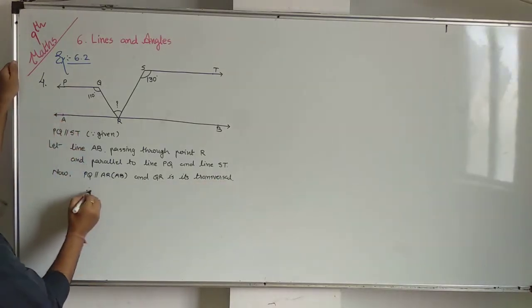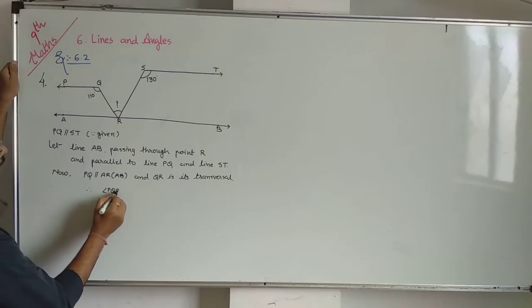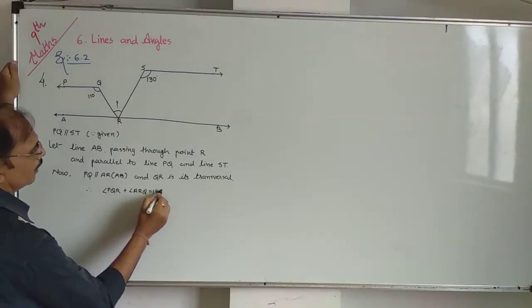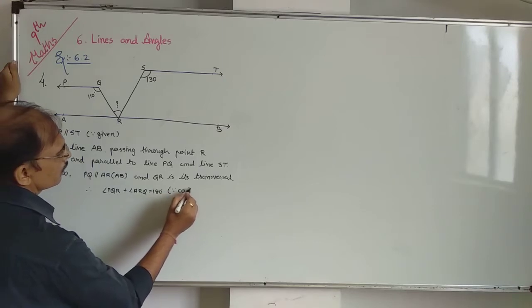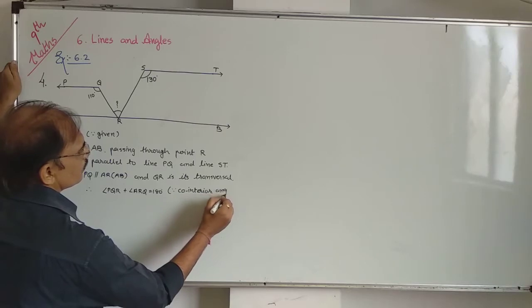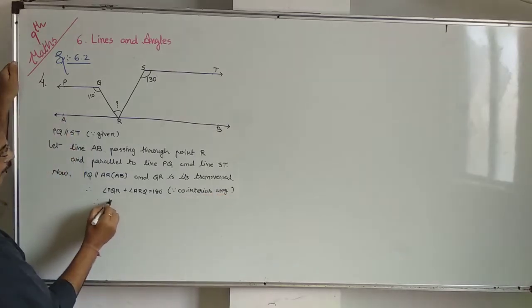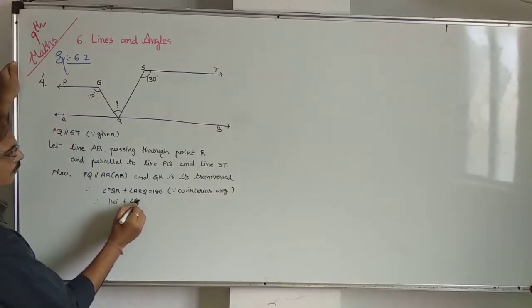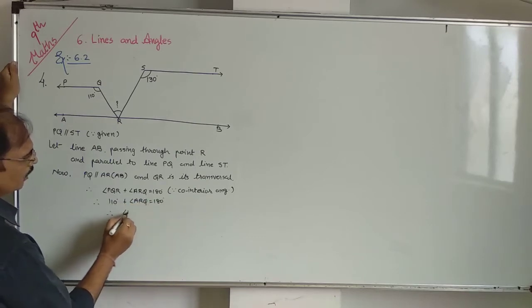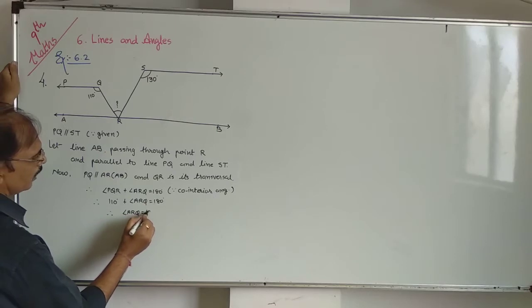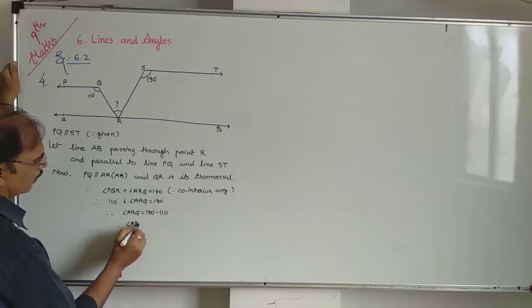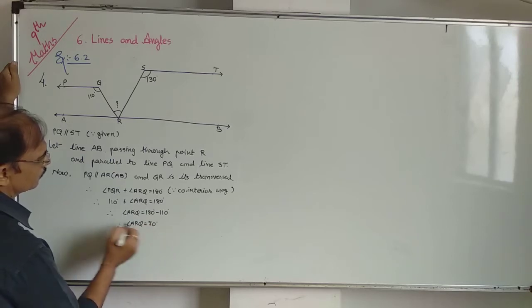Therefore, angle PQR plus angle ARQ equals 180, reason co-interior angles. PQR we have 110, plus ARQ equals 180, so ARQ equals 180 minus 110. So angle ARQ equals 70.